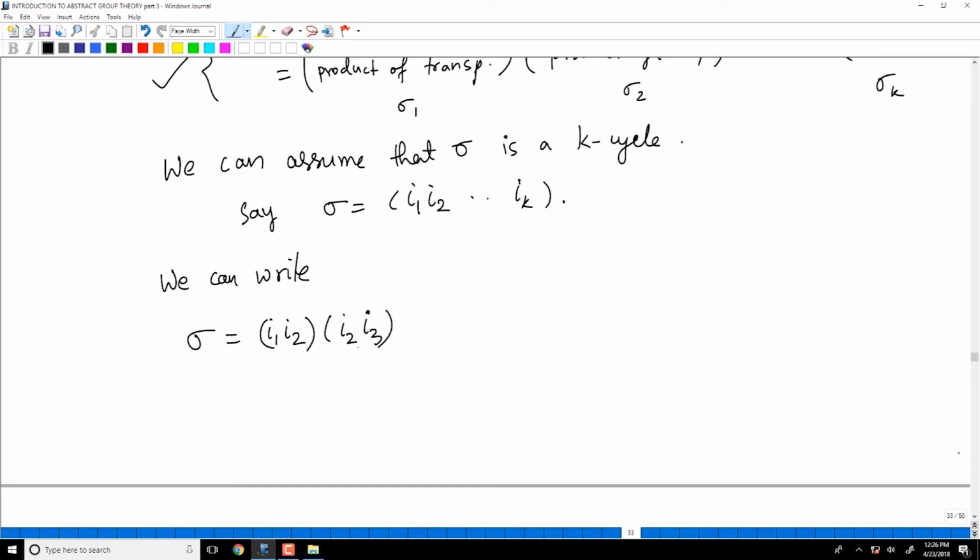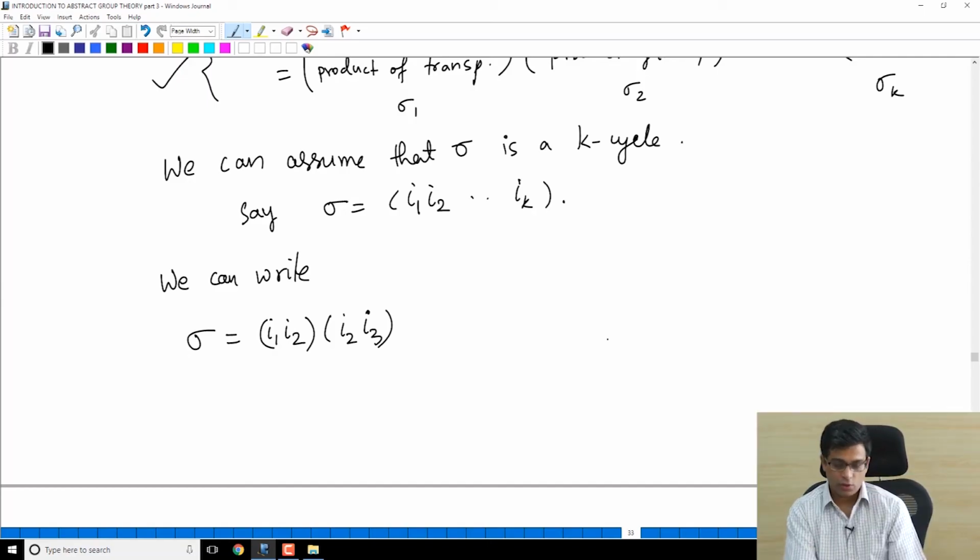Now whatever I write here, let's ensure that i2 does not appear in any of these. Then in order to figure out what is the image of i2 under this product, we have to keep going from right and we hit i2 here. So i2 will go to i3 under this, but then i3 is not present in the rest, so i2 will go to i3, which is how it should be. Now I'll put (i3 i4).